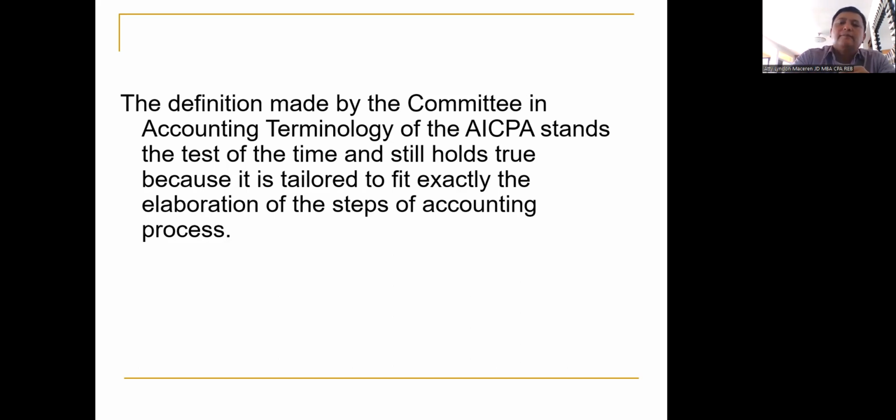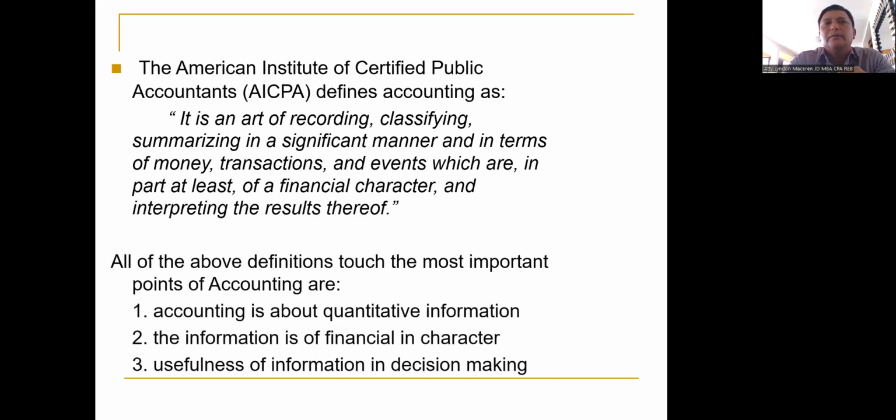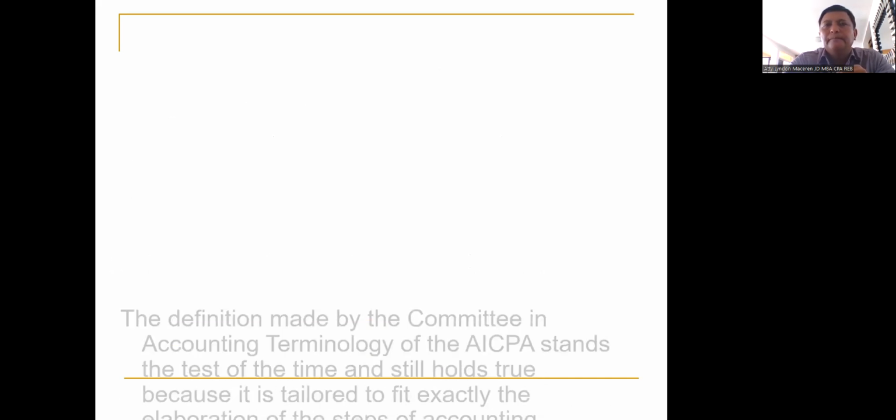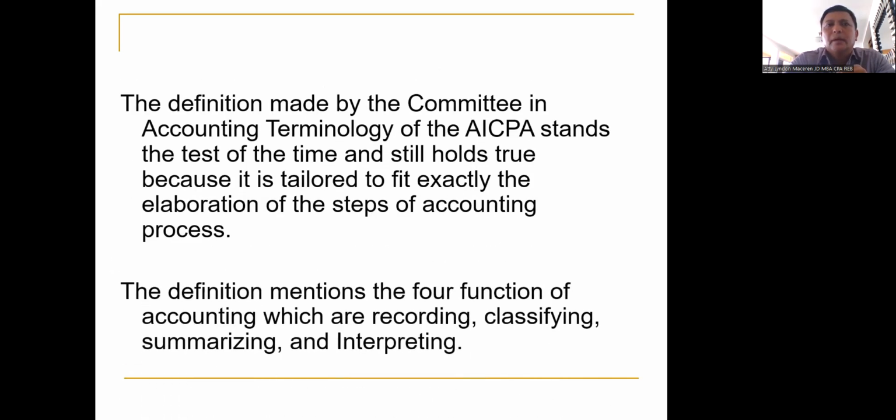So which one is that? The last one, no? The American Institute of Certified Public Accountants definition.